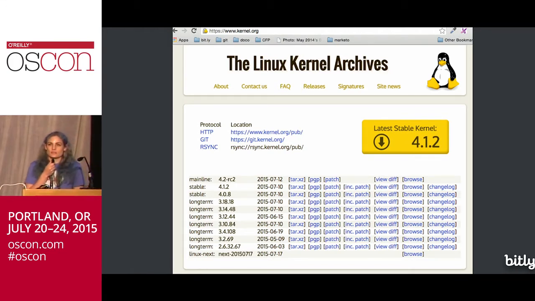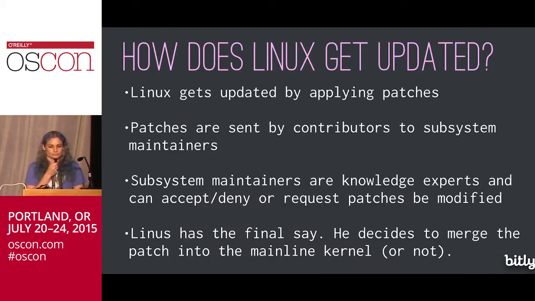And any bug fixes for a stable kernel are backported from the mainline tree. And lastly, we have mainline, and this is the tree maintained by Linus Torvalds himself. It's the tree where all the new features are introduced and where all the exciting new development happens. And new mainline kernels are released every 2 to 3 months.